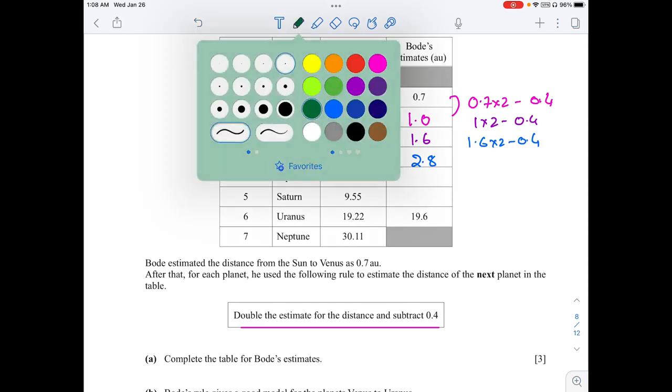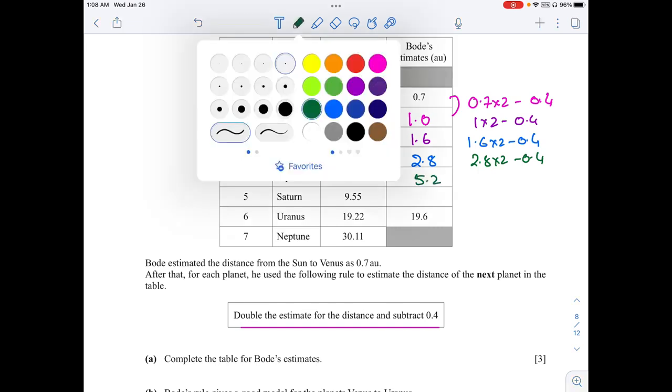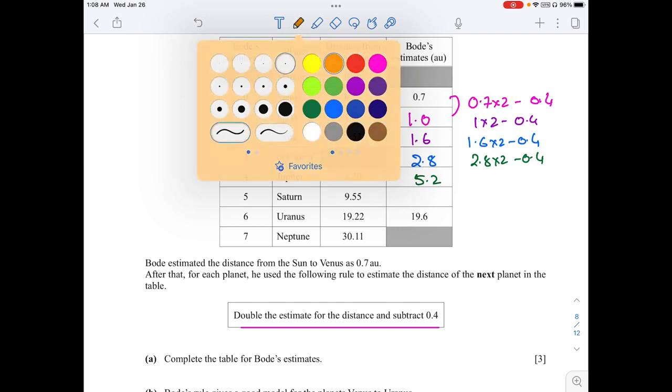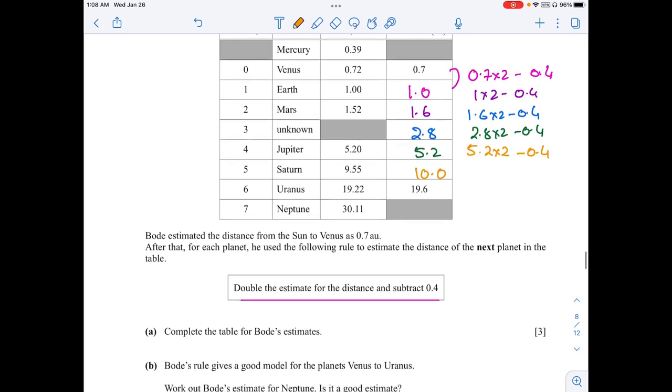Next one, 2.8 times 2, which is 5.6, minus 0.4 gives me 5.2. Then finally, 5.2 times 2 minus 0.4, 10.4 minus 0.4 is 10.0. So we have done that.